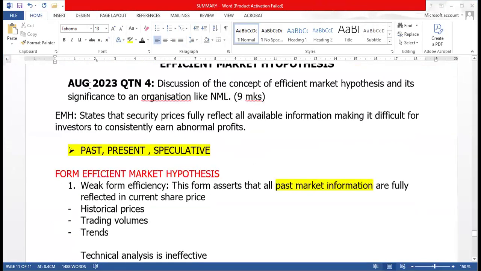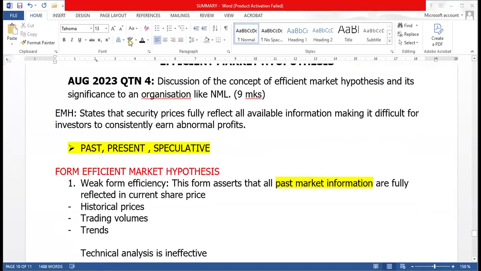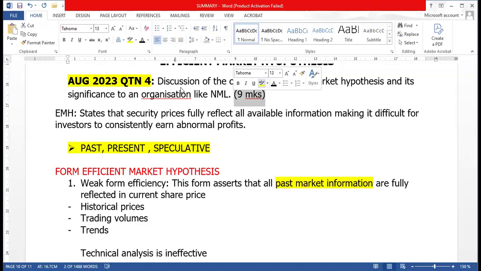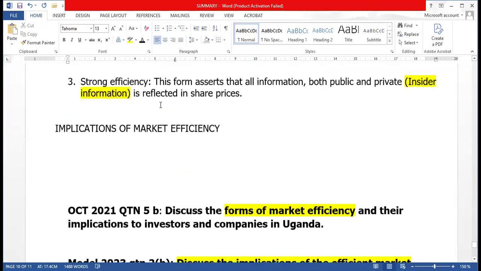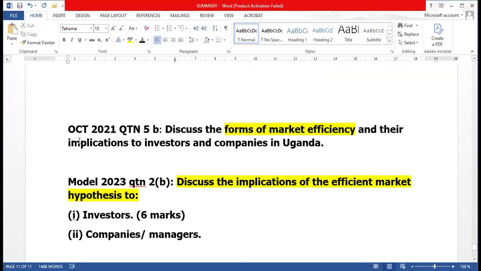There is August 2024, sorry, 2023. That is the first question that had 9 marks. First note that, and this was the question. Then we have also October 2021, question 5B. I think it was 14 marks here.